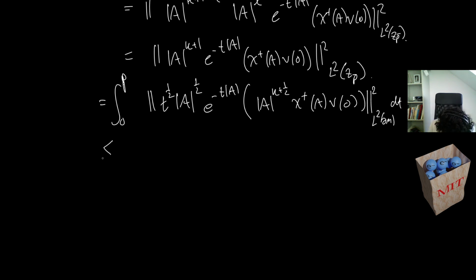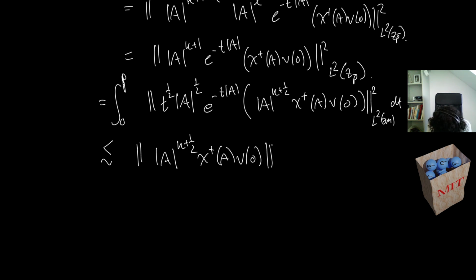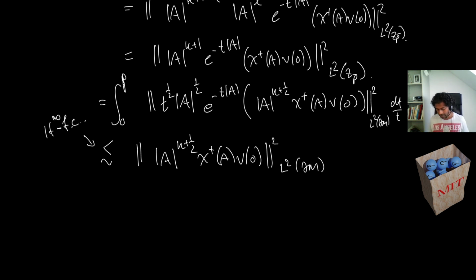So this tells us that this estimate is now going to be bounded by modulus A to the k plus a half, chi plus of A, V naught, squared L2 on the boundary. Sorry, there's a dt on t here. L2 boundary, dt on t. So that's what it tells us, right? So this is the H infinity functional calculus that shows its beautiful face again in this theory.